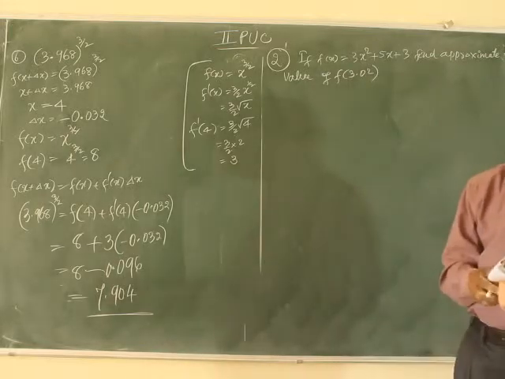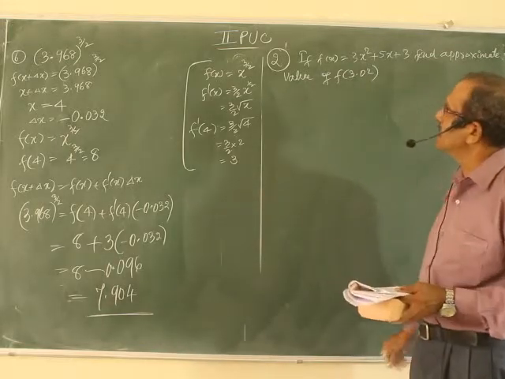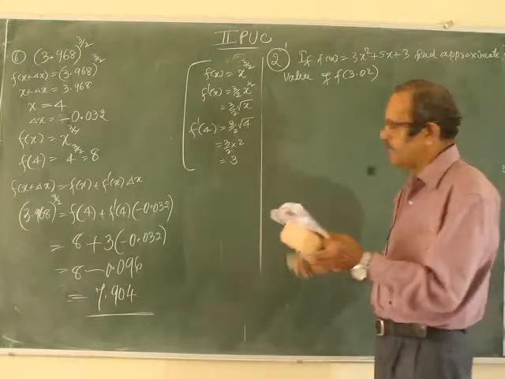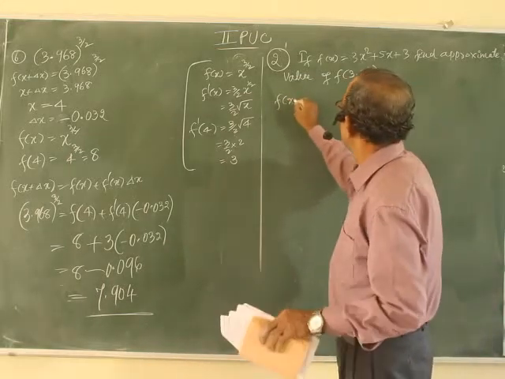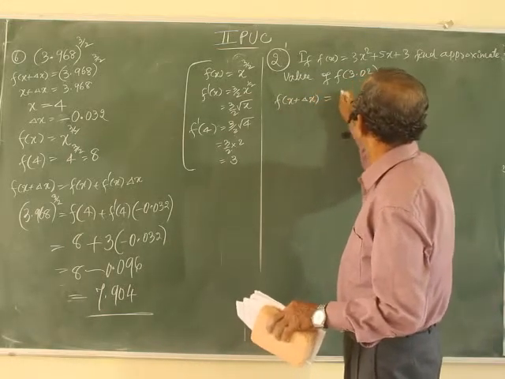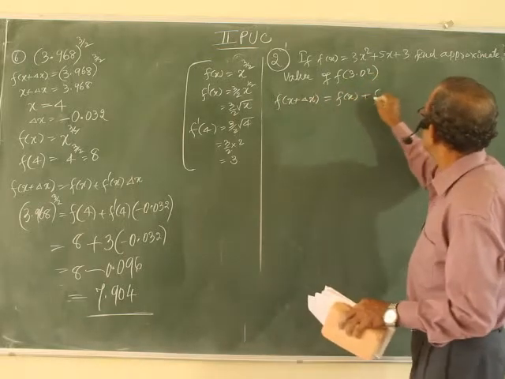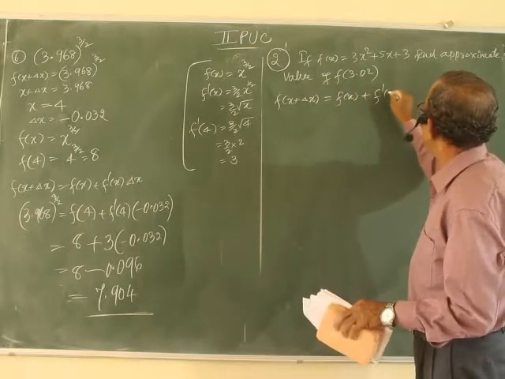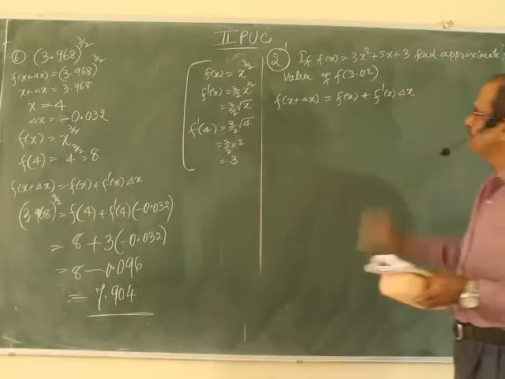Same. Nothing else. Everything is just similar to the previous one. So let me write the formula first. F of x plus delta x always equal to f of x plus f dash of x into delta x.